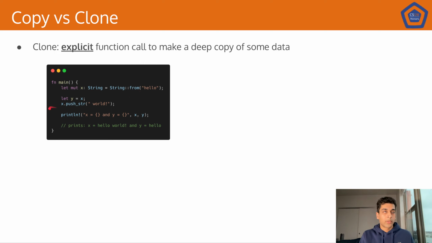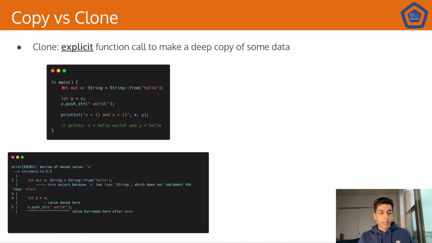We're no longer able to use x to get at that piece of data. So if you see this compiler error, borrow of moved value, you have an ownership error. And usually the compiler is good enough to tell you that the value was moved out of a variable at some line of code, and you're trying to use the moved value at a different line of code.